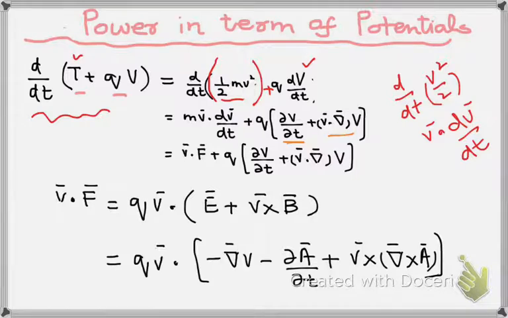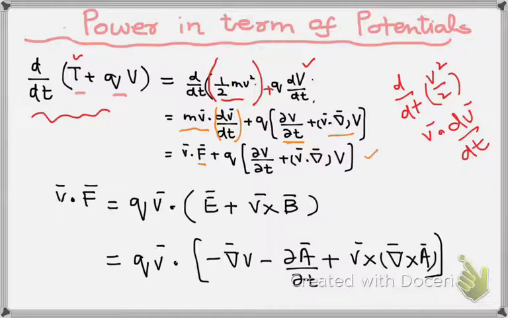Now you can see that this dv over dt is actually acceleration, so m into a equal to F. This term equal to v dot F, plus this term is written as it is.